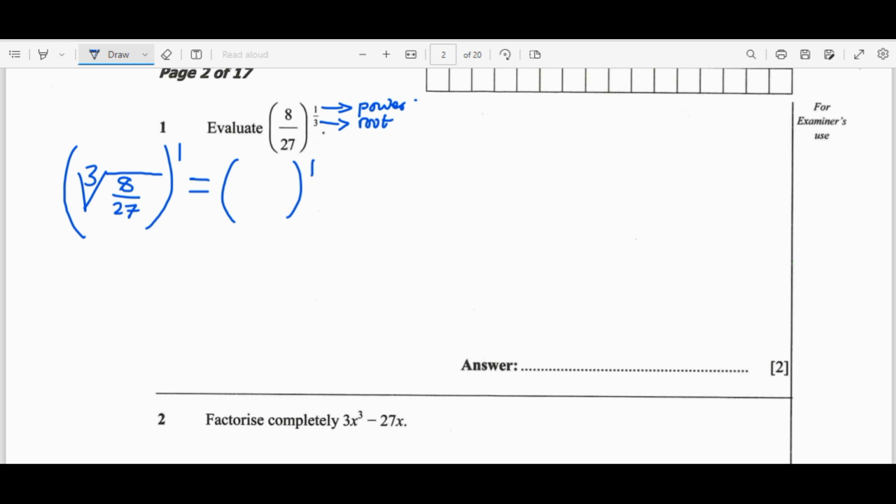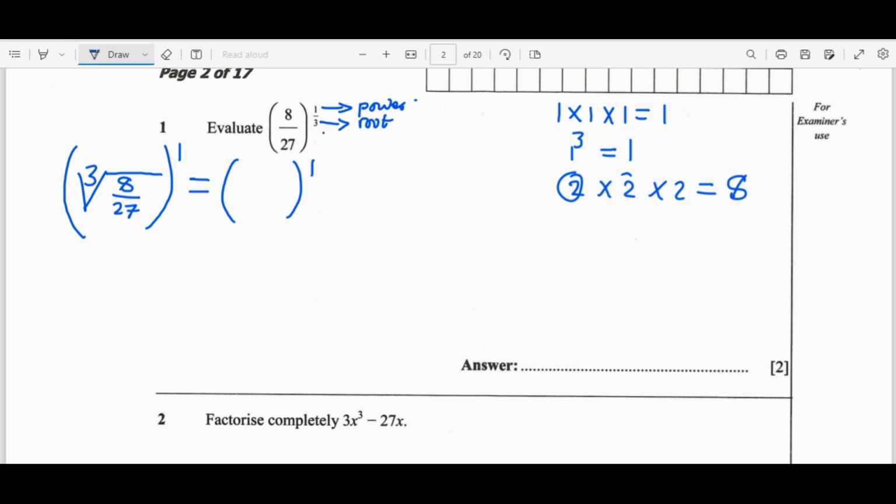In case you don't know that number, you can do this. You can begin with 1 times 1 times 1 is equal to 1. Therefore, 1 raised to the power 3 is equal to 1. We move on to 2 multiplied by 2 times 2 is equal to 8.